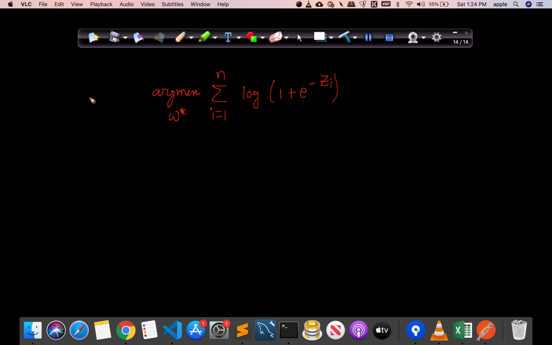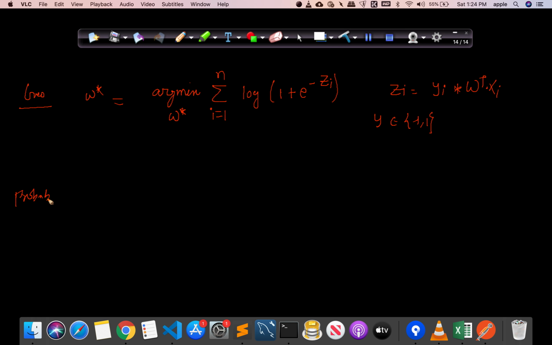W star is what we have to minimize, and zi equals yi multiplied by W transpose xi, and the value of y is minus 1 or 1. This is the geometric formulation, and this is the probability one.